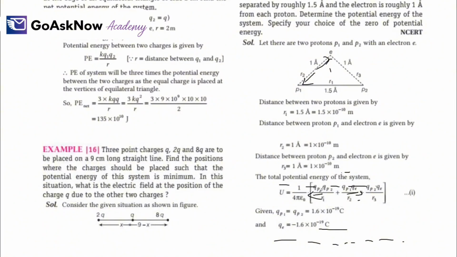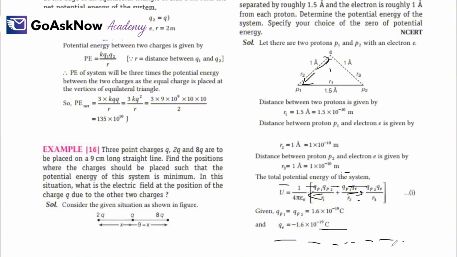So you will get it equal to k times (qp1 qp2 upon r1 plus qp1 qe upon r2 plus qp2 qe upon r3), because all the charges will contribute here. Each configuration will contribute potential energy. So we will get this expression.